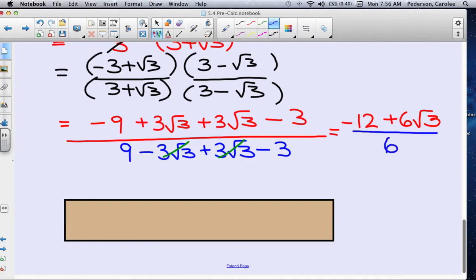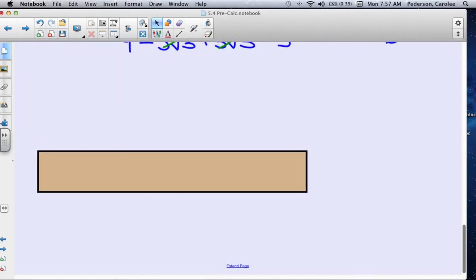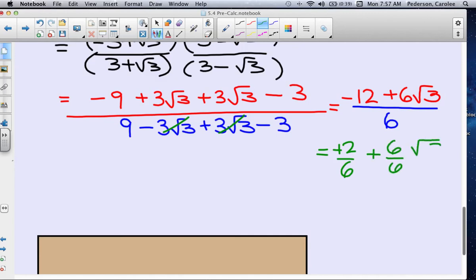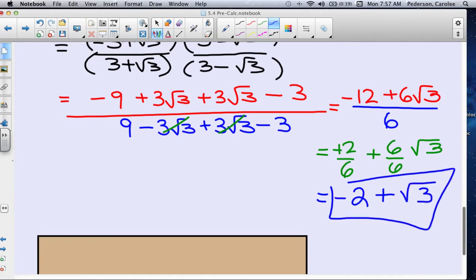Now we can split up that fraction into two separate fractions. So we have -12 over 6 plus 6 square roots of 3 over 6. And those reduce also. This becomes a -2. The 6's cancel out, and there's our final answer. Lots of reducing in that problem.